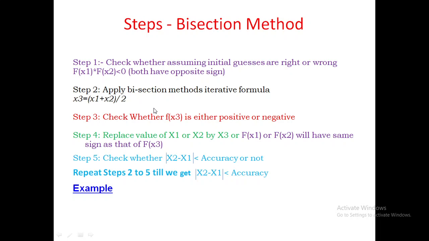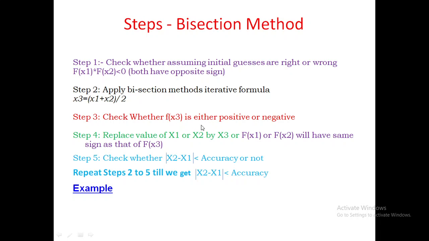Means in the second step, you have to calculate the value of x3 and check whether that value is positive or negative in the third step. Okay, step number 3, what is step number 3? You have to check whether f of x3, or we can say y3, is positive or negative. How to check?